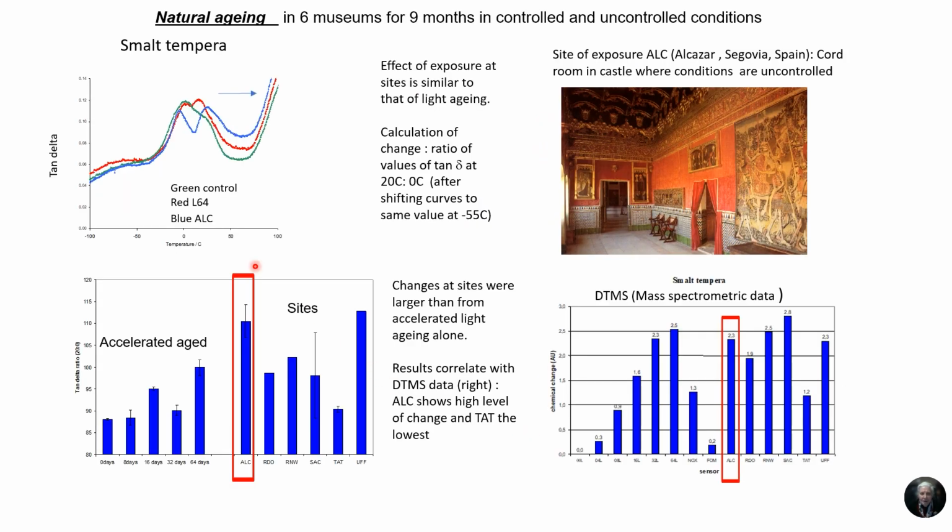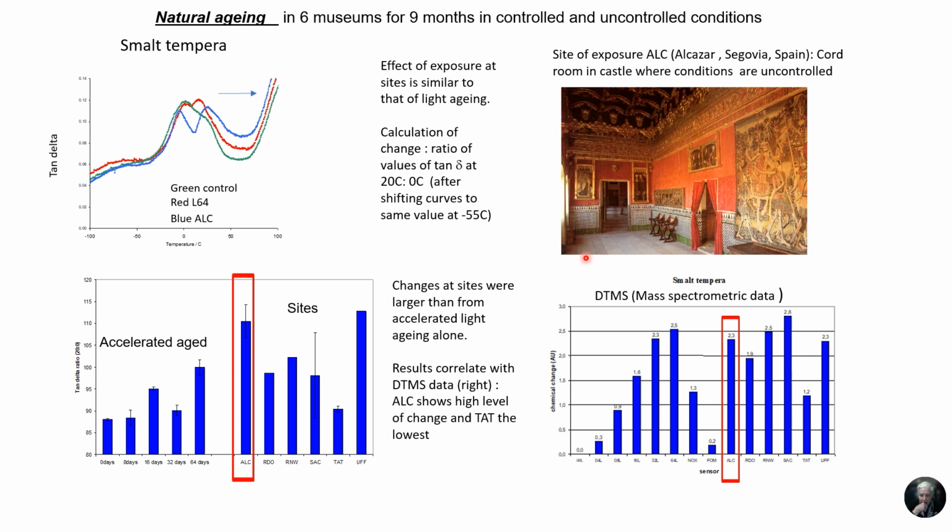Natural aging also shows changes. So, for instance, if we have the green as the control, red is the change from the light aging, and blue is the change from exposure in the Alcazar for the period of 9 months.